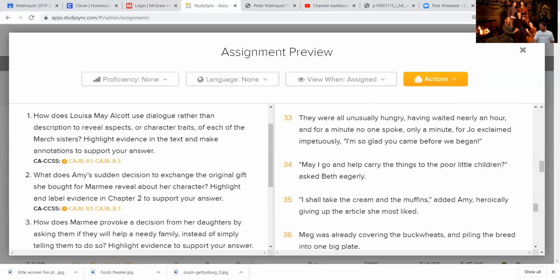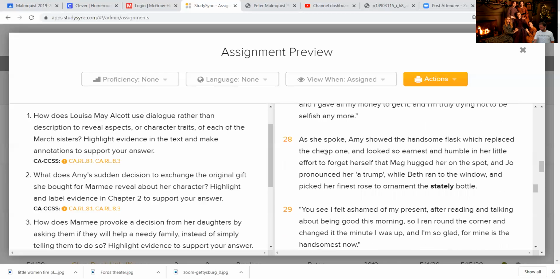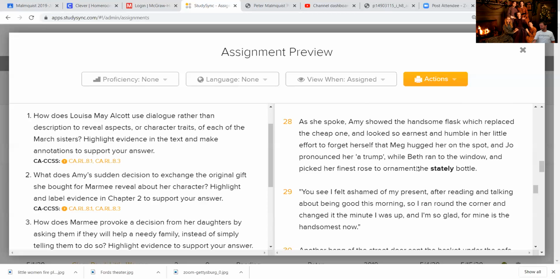So here we're going to go to paragraph 29. Okay, 28 and 29. So as she spoke, I'm on paragraph 28. As she spoke, Amy showed the handsome flask, which replaced the cheap one, and looked so earnest and humble in her little effort to forget herself that Meg hugged her on the spot, and Jo pronounced her a trump, while Beth ran to the window and picked her finest rose to ornament the stately bottle.